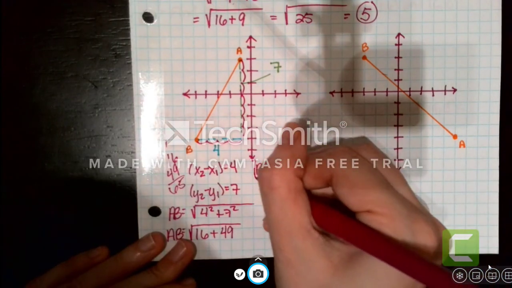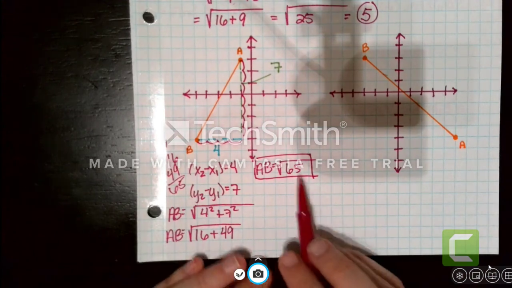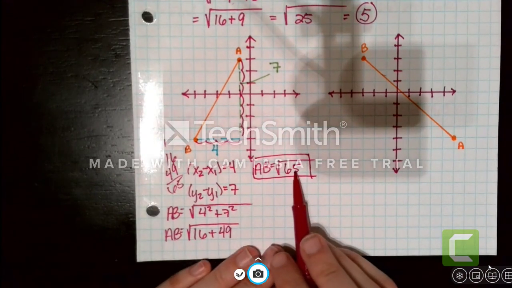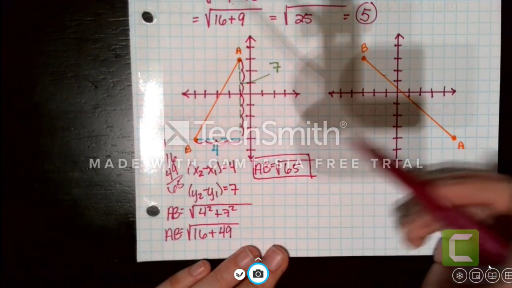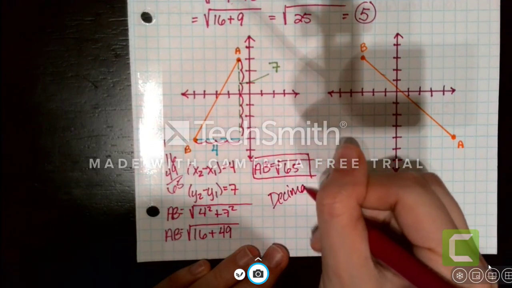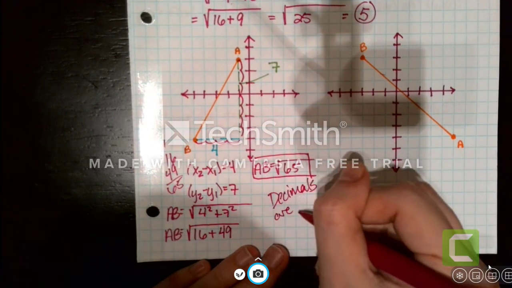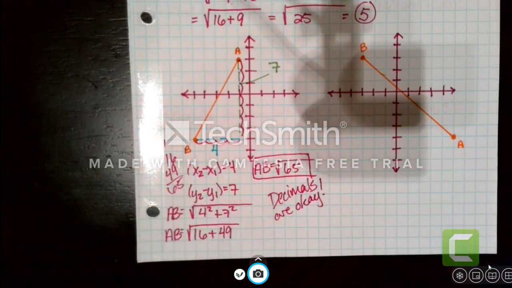For this example, we will be leaving it as the square root of 65. The reason why I'm doing that is because this will actually not get you a whole number as in example 1. However, if you were to plug this in, you would get a decimal. That is okay. Decimals are okay. Just make sure to round to the nearest hundredth every time.